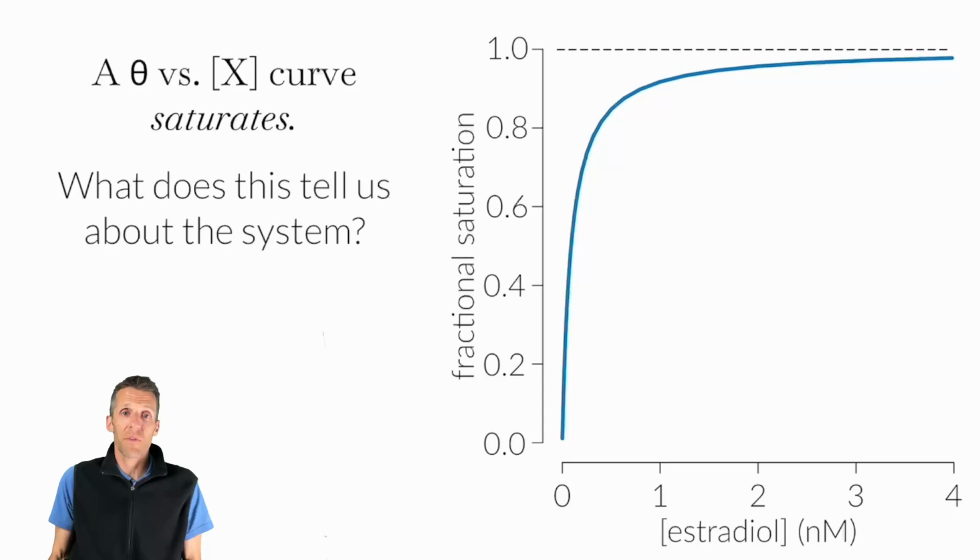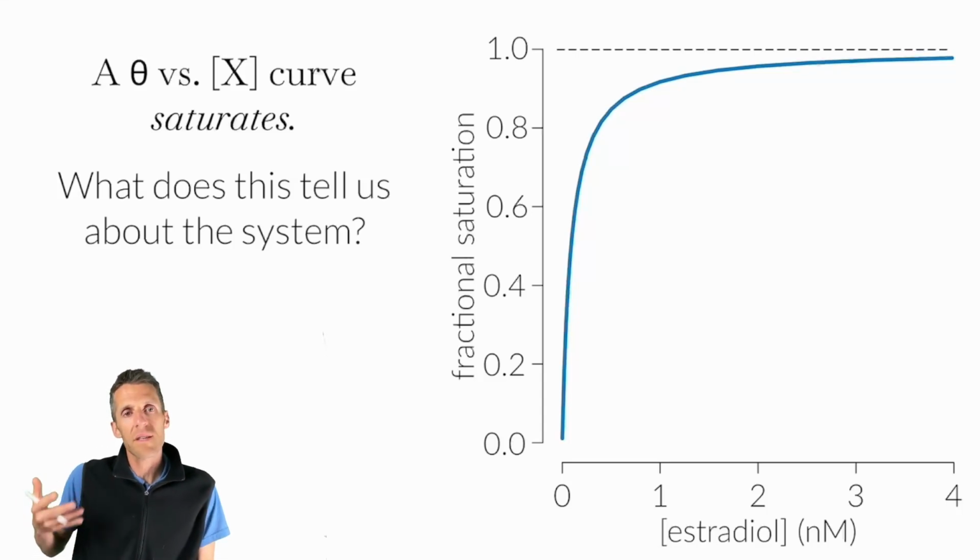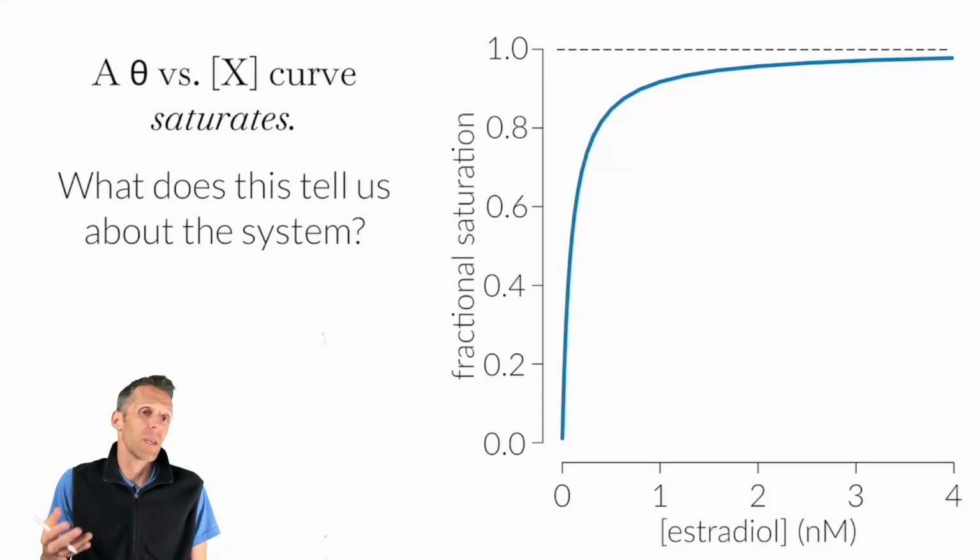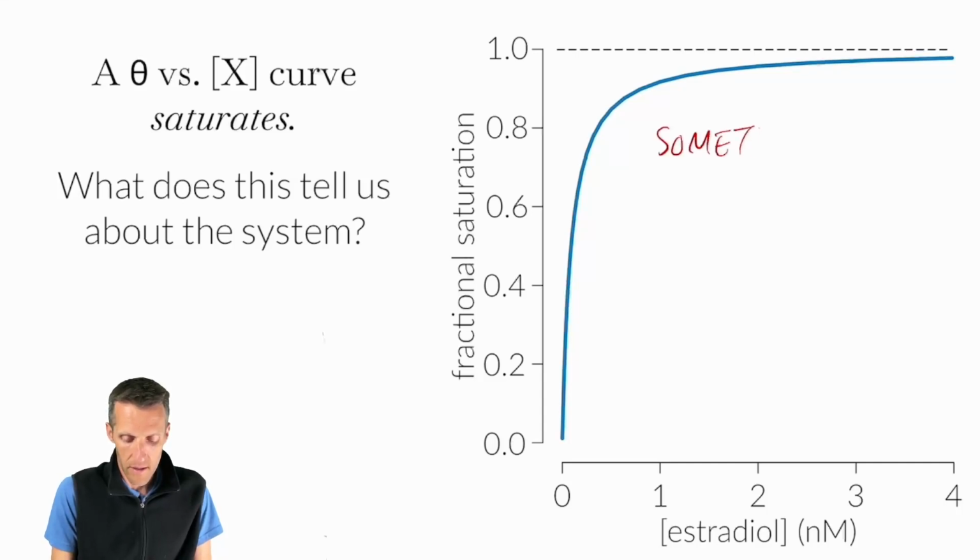So this is the first of our review points. What I'd like you to think about is, what does this tell us about the system? Why does this curve not just keep going up forever? If you want to think about it, you can pause, unpause. So the reason it stops going up forever is because something has run out.